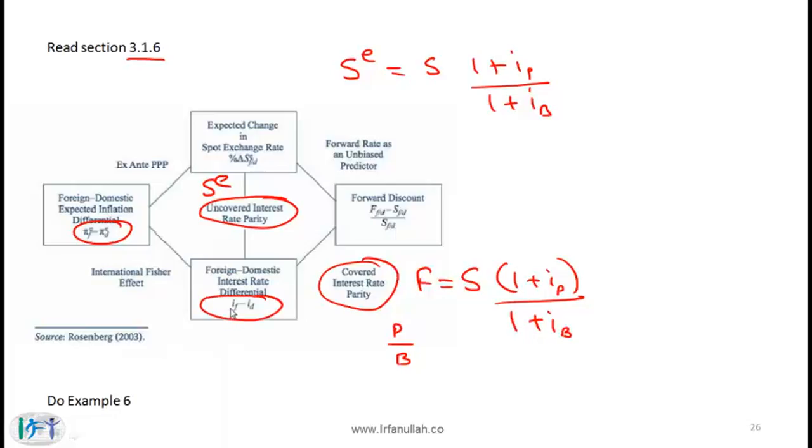So these are the main relationships that we've talked about. Again, I would encourage you to read this section and then you must do example 6.